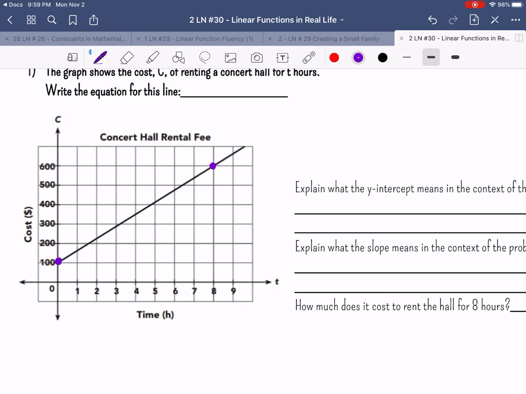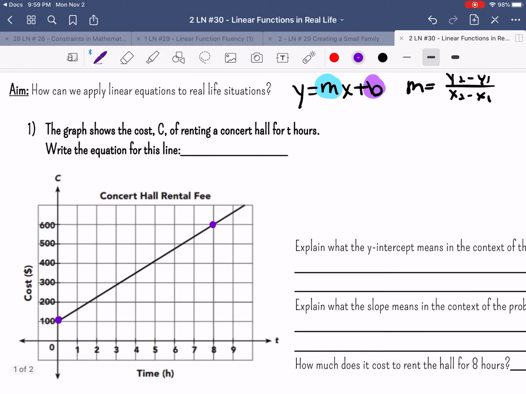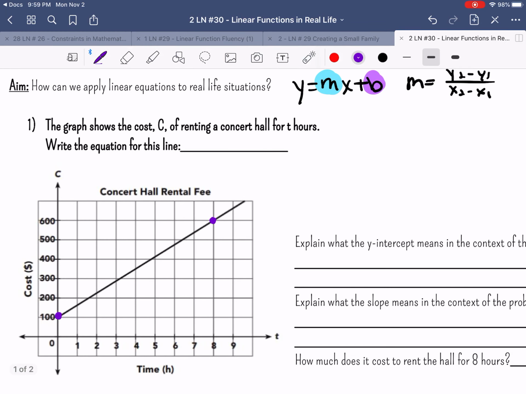So I'm going to use obviously easier points so that I don't have to suffer. So my first point is 0 on the x-axis, 100. And then the second point I'm going to use is here, so it's 8 on the x-axis and 600 for y.